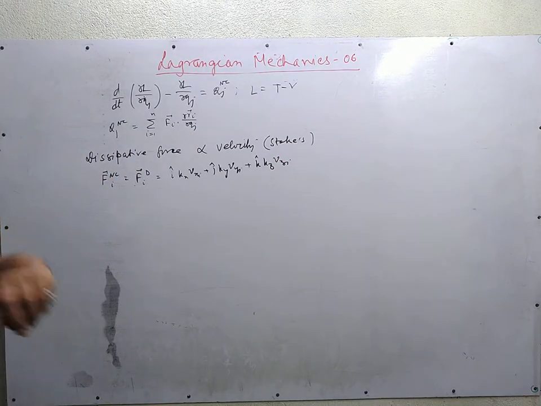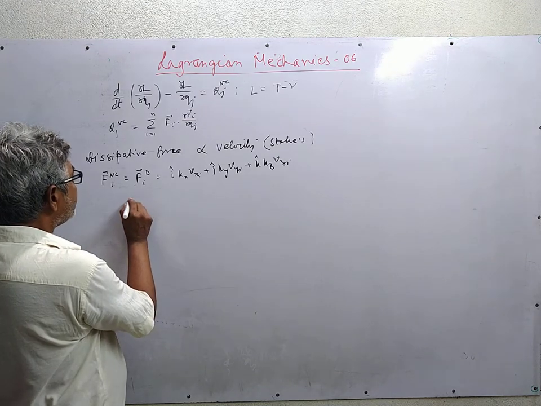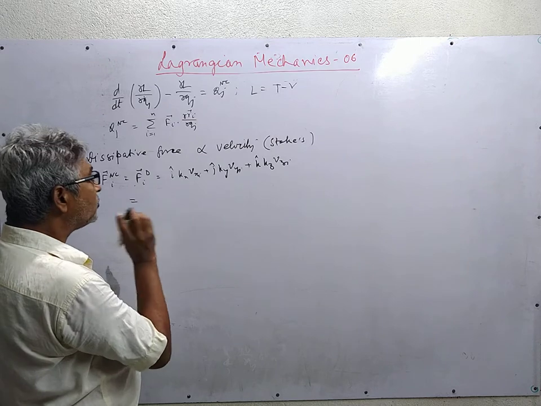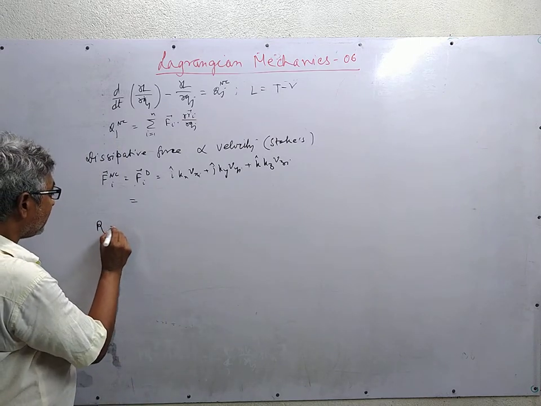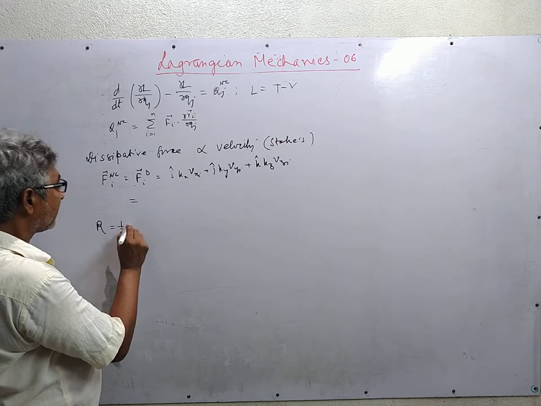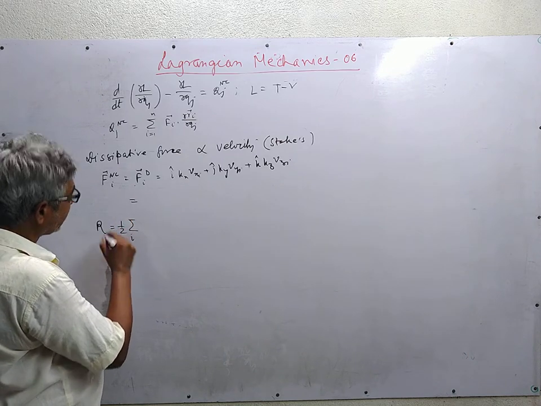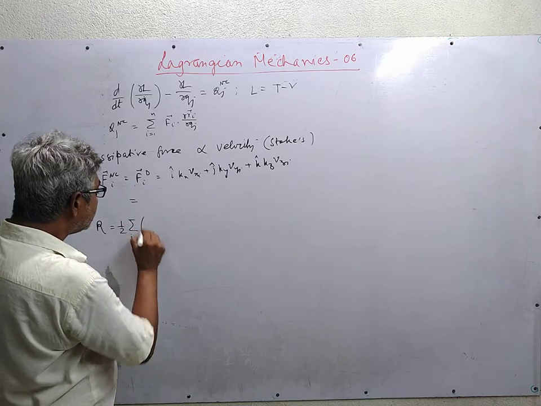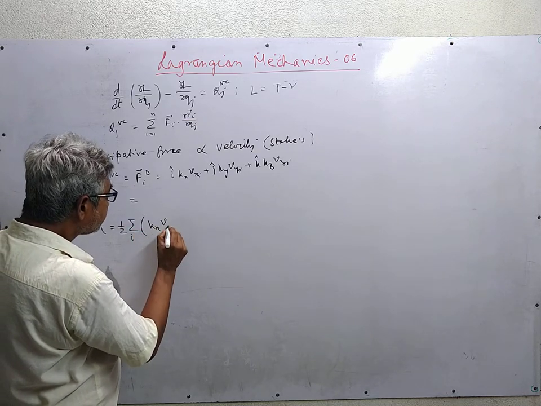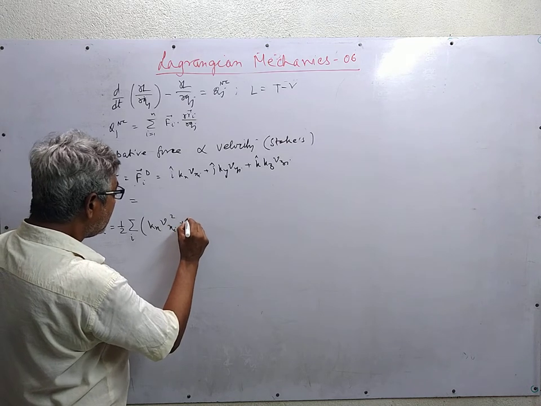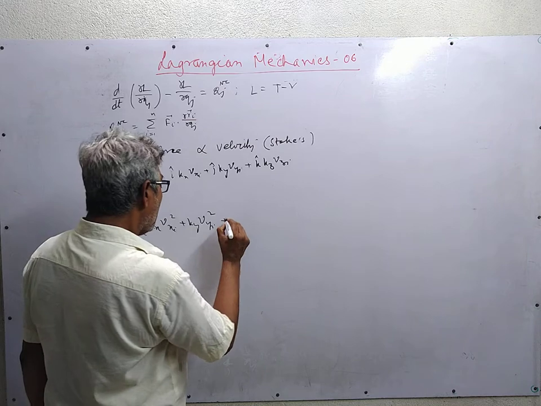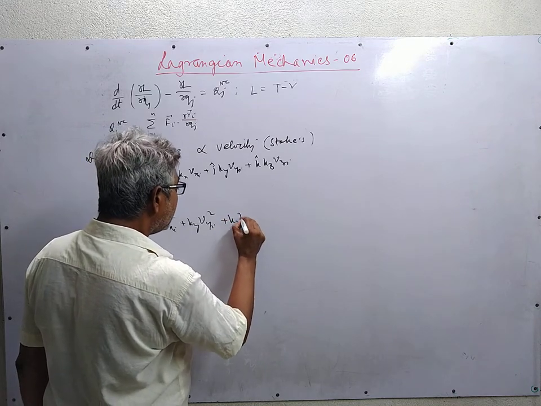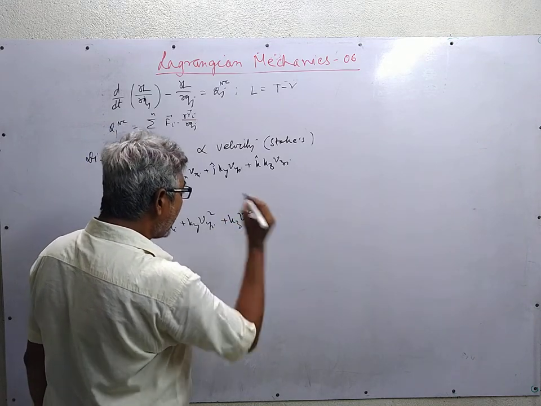Now we can write it in terms of a function called the Rayleigh dissipation function. The Rayleigh dissipation function is defined as half the summation over i, sum over all the particles, of kx Vxi square plus ky Vyi square plus kz Vzi square.